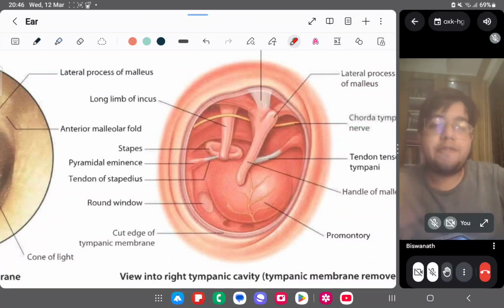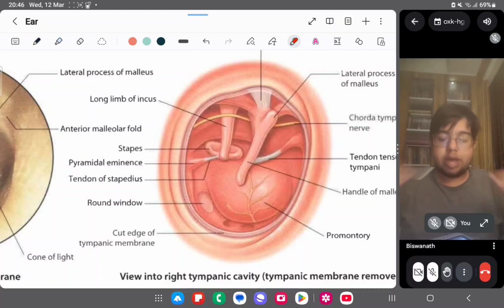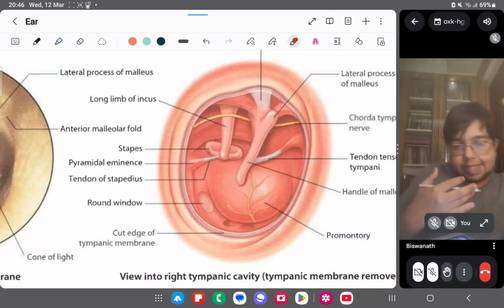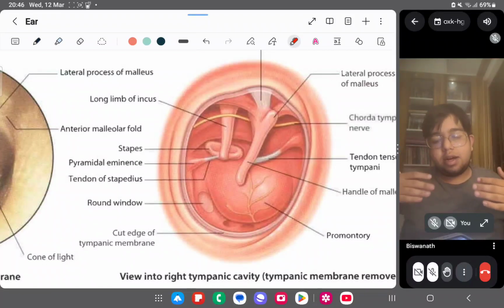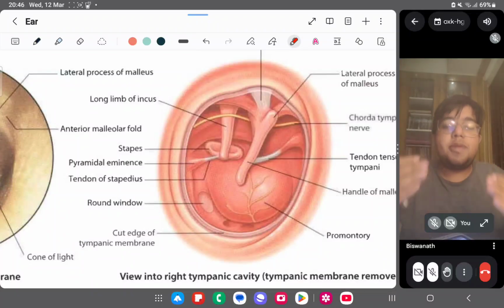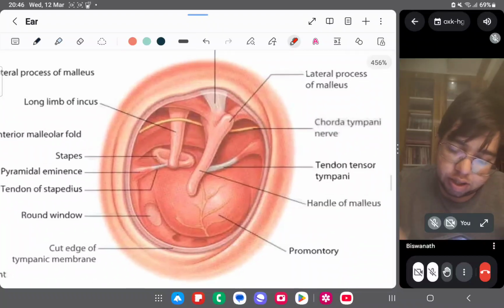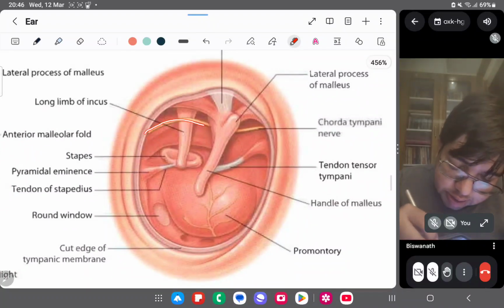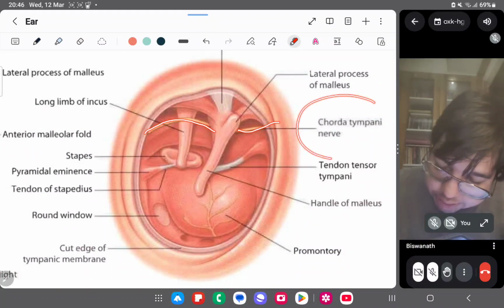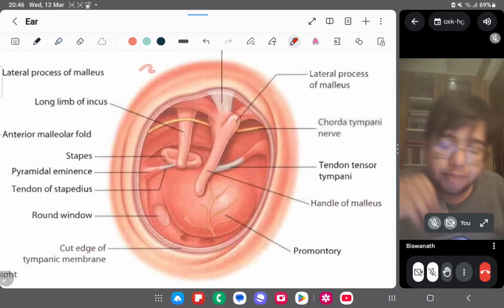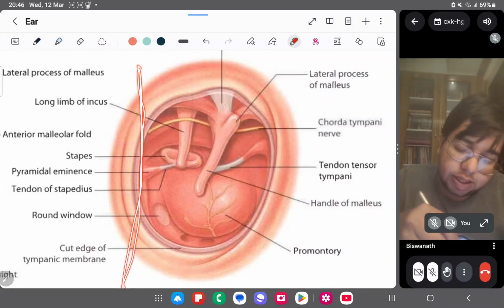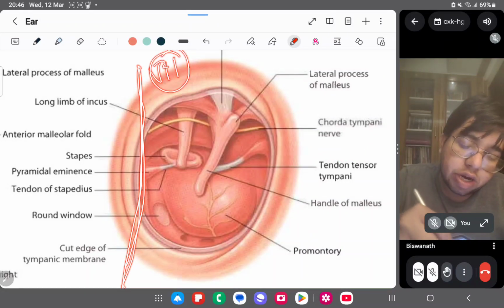So the nerve that is traveling beside the malleus and in front of the middle ear, if you can just appreciate here, this is the chorda tympani nerve. So there will be the seventh nerve going here. The facial nerve must be going here.